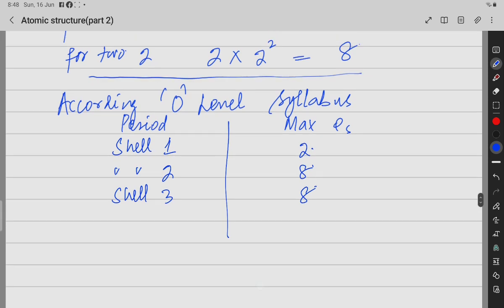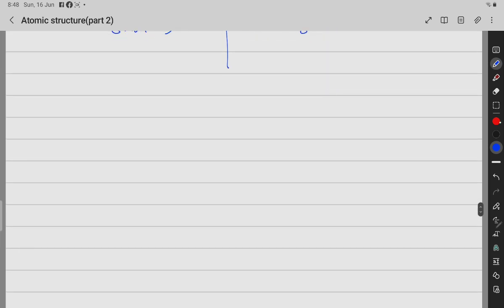So, we started from the first period. This is hydrogen, with proton number 1, neutrons 0, and electron 1.